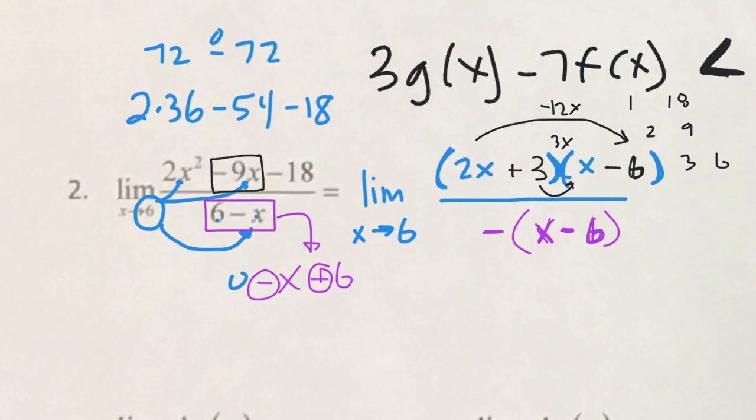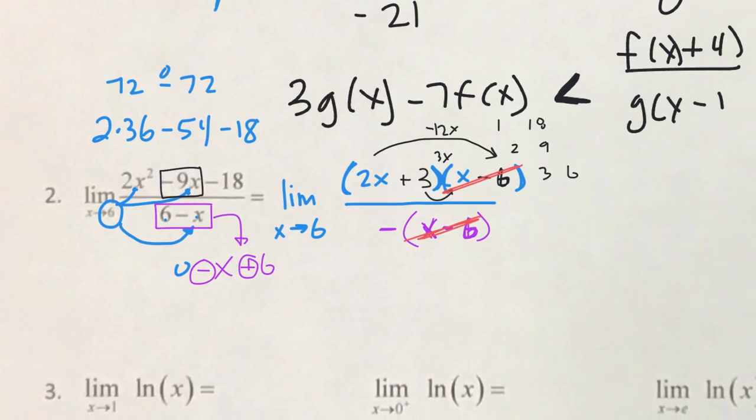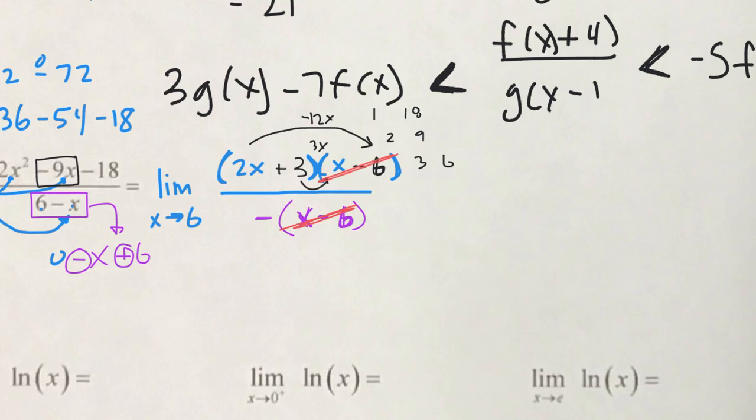Okay, because now I have an x minus 6 in the numerator and an x minus 6 in the denominator, right? Not something that looks close to it. I can't cancel 6 minus x with x minus 6 because those aren't the same. So now that I've done that, I'm taking the limit as x approaches 6 of my 2x plus 3 over negative 1, right?